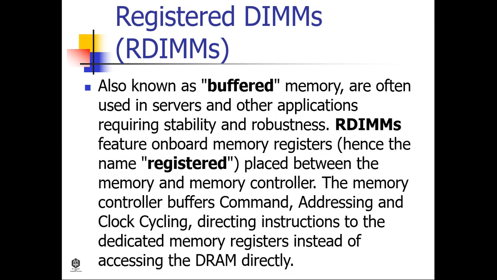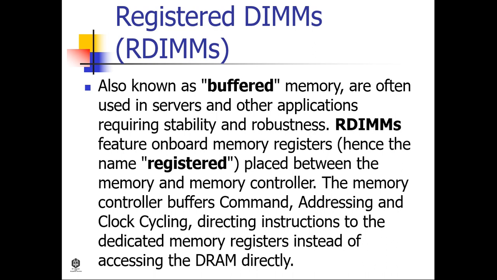Next is the Registered DIMM, or RDIMM, also known as buffered memory, often used in servers and other applications requiring stability and robustness. RDIMM features onboard memory registers, hence the name registered, placed between the memory and memory controller.